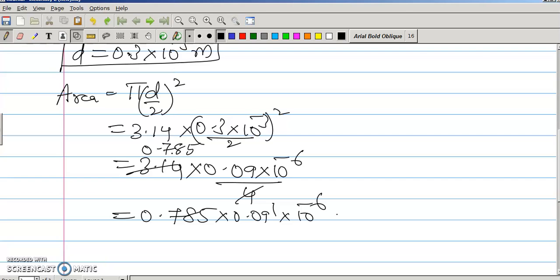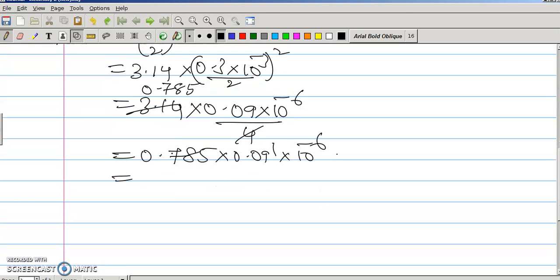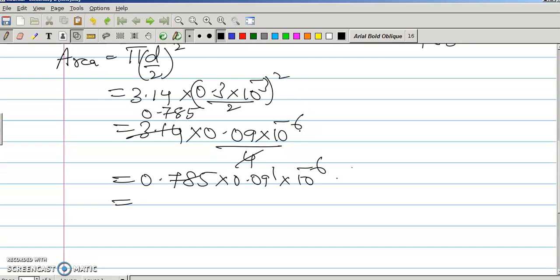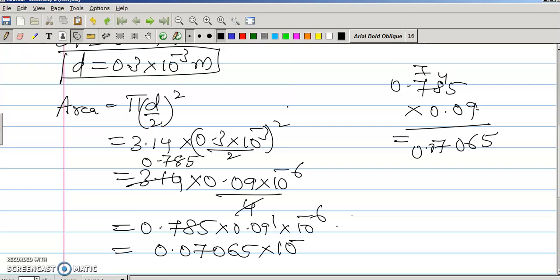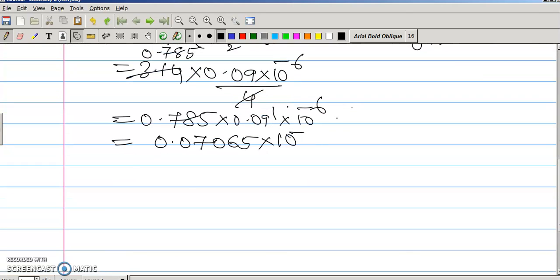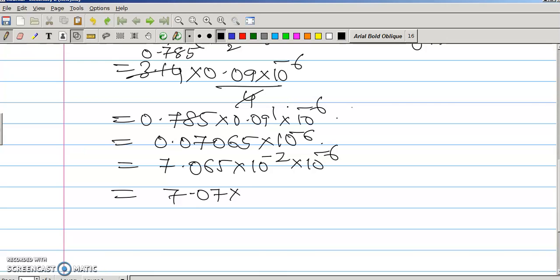Then I multiply that, and the value I get is approximately 7.07 into 10 power minus 8 meter square. So we got the area.